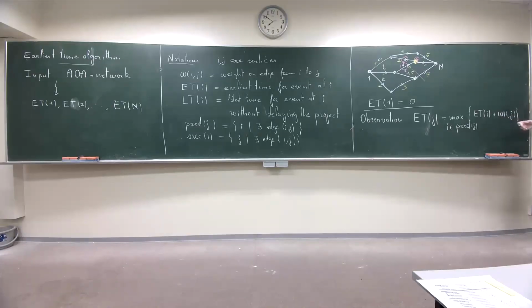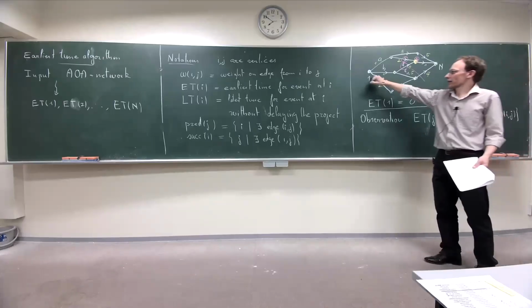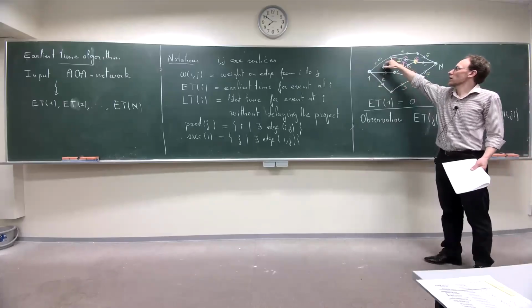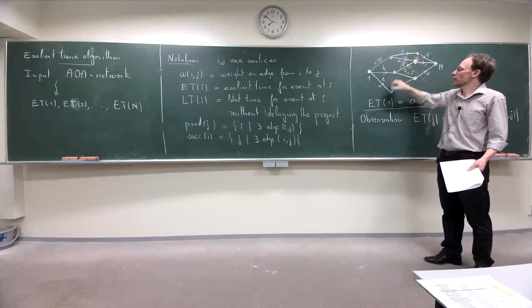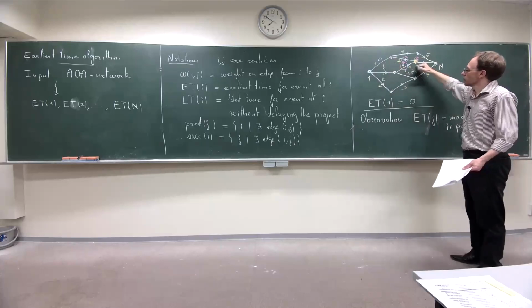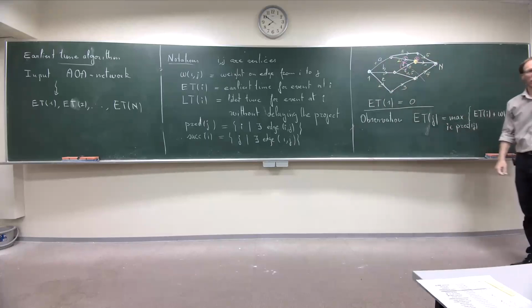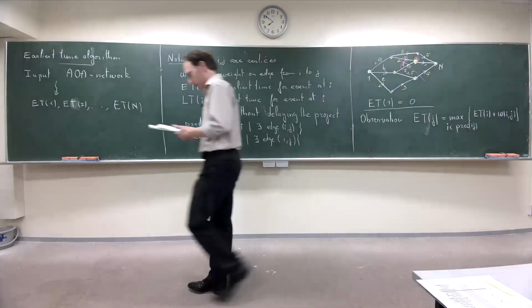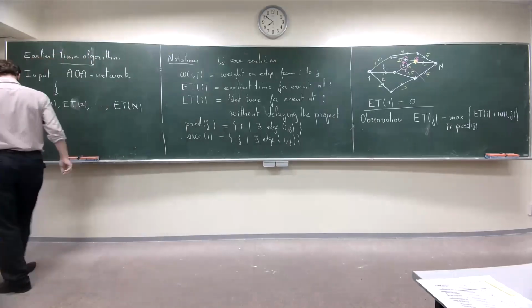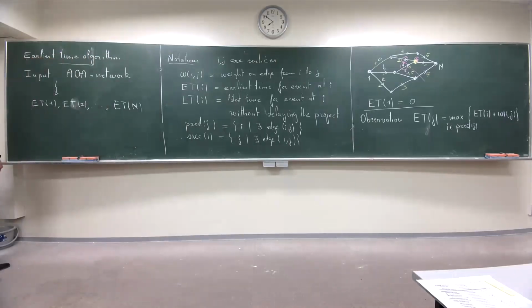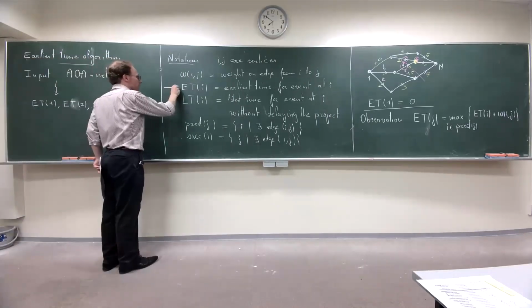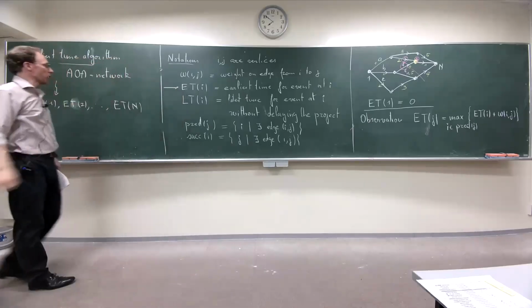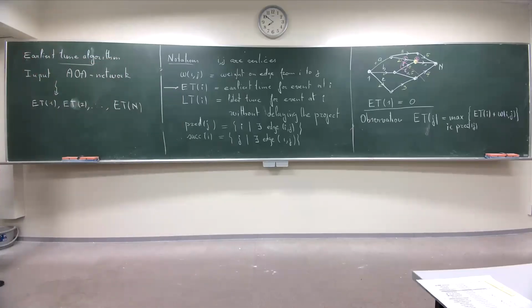You know this one, then you easily compute these three, then you compute the next one and so on. So I let you think about how to do it. This algorithm gives you the earliest time for all vertices.